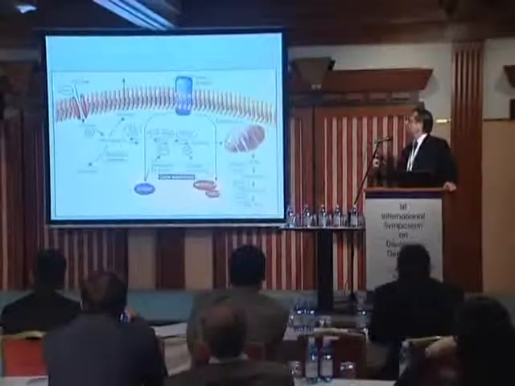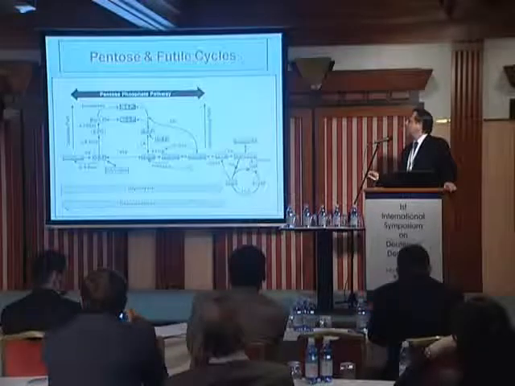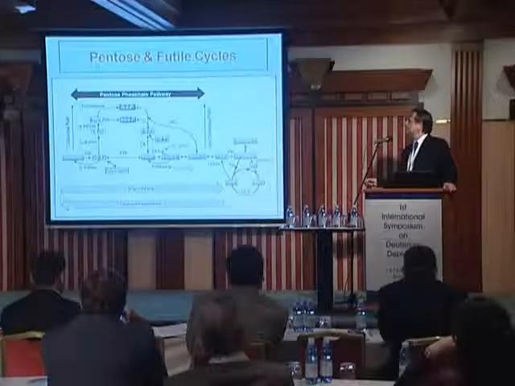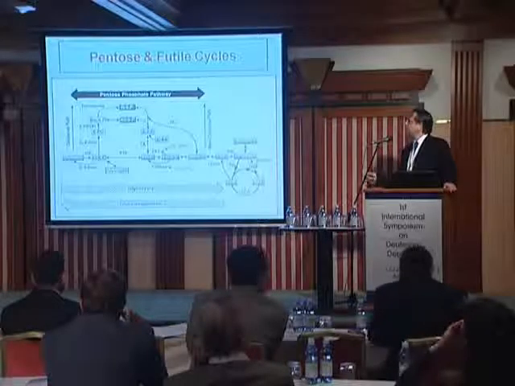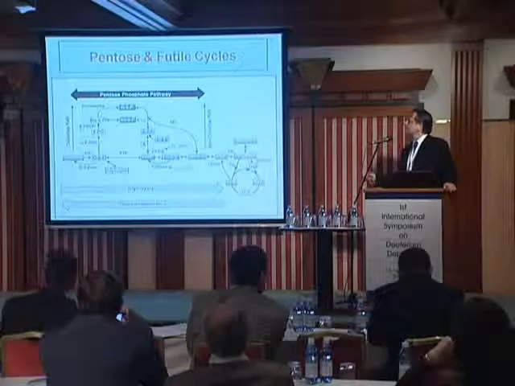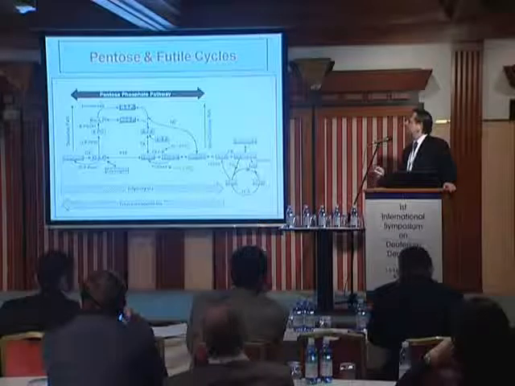What is the effect of deuterium depletion on intermediary metabolism? In particular, we were interested in the effect on the oxidative branch of the pentose cycle and the non-oxidative branch of the pentose cycle.